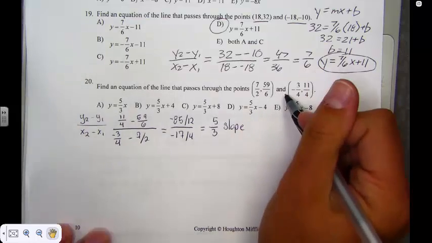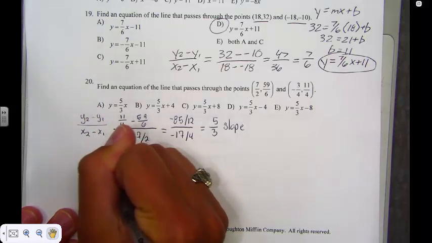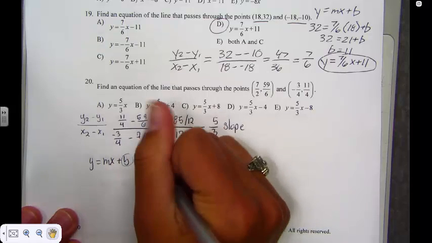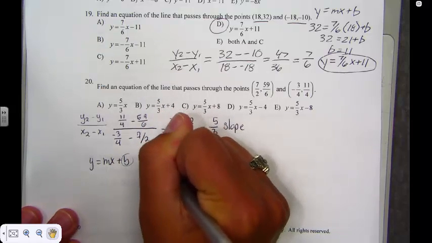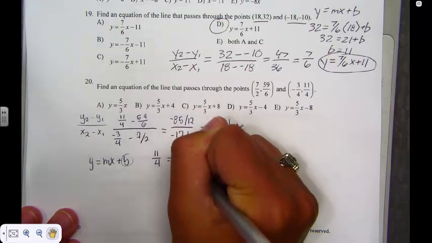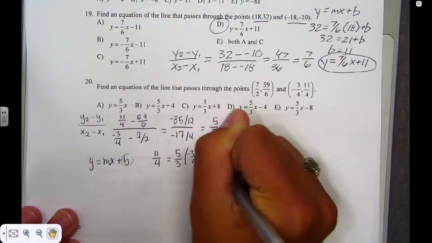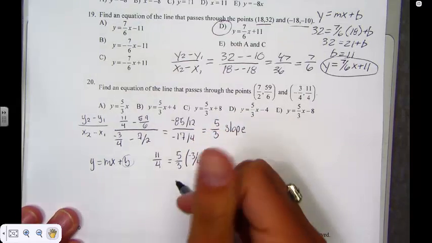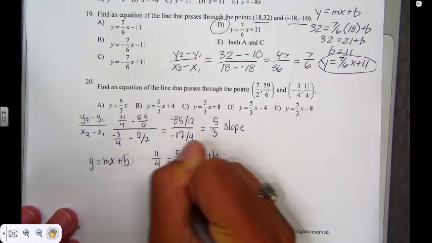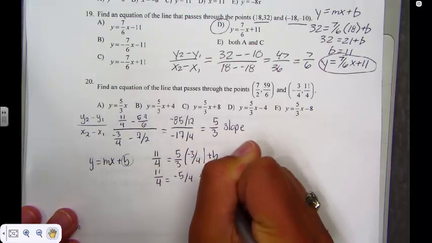So now you're going to pick one of these pairs to plug into y equals mx plus b, so we can solve for b. So I'm going to use 11 over 4 equals 5 over 3, because that's our slope, times our x value of negative 3 over 4 plus b. I'm going to solve it out, so 11 over 4 equals negative 5 over 4 plus b.